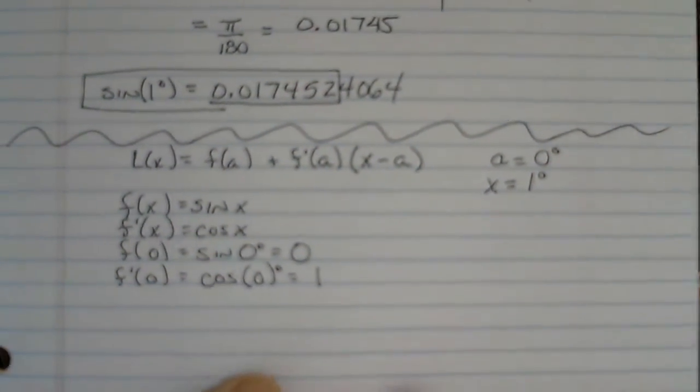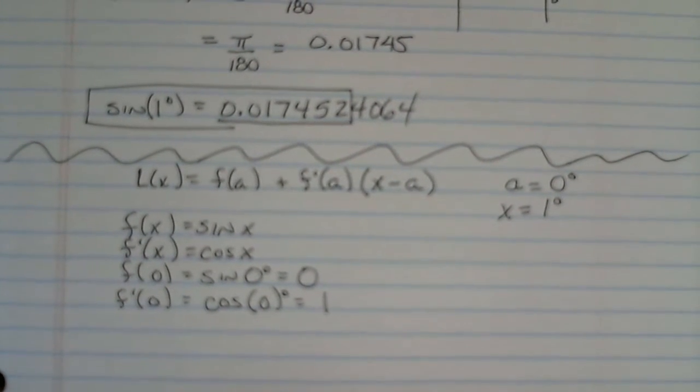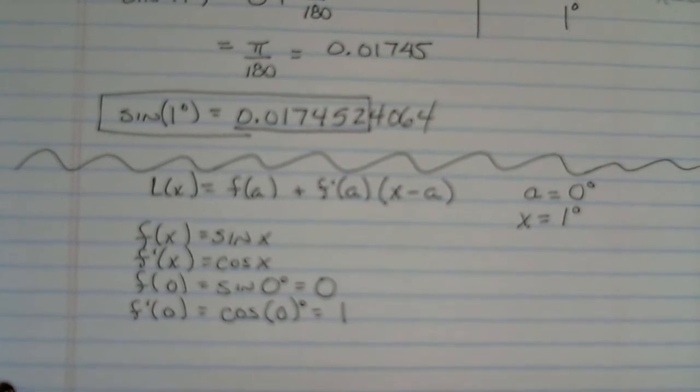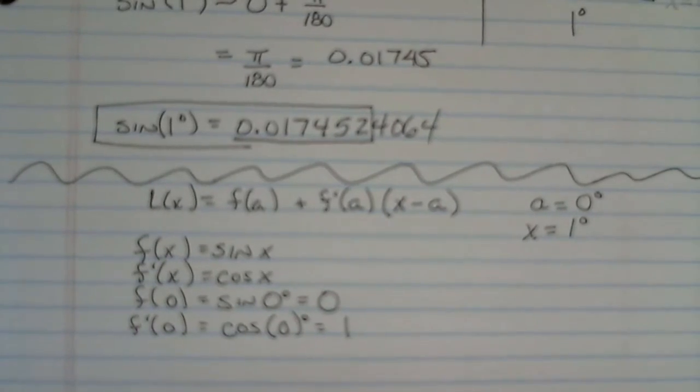So, given those two values, and again, you can push pause here if you need to, we can plug them into the formula up above and we can get our linear approximation formula. Okay. Our linear approximation formula is going to be L of x equals f of a, which turns out to be 0, plus 1 times, 1 is the slope, 1 times x minus a.